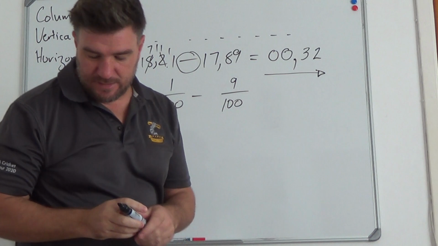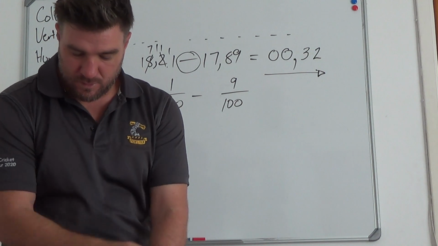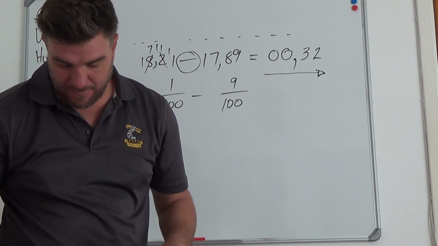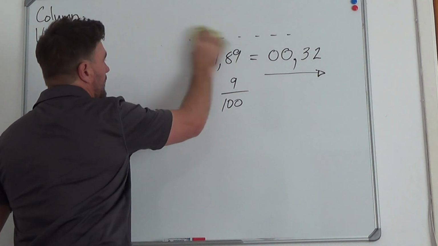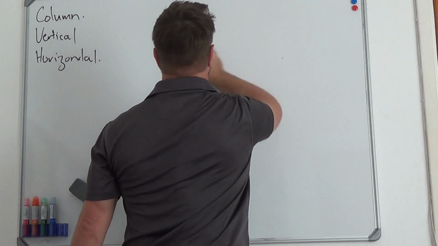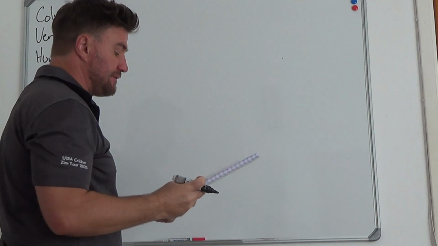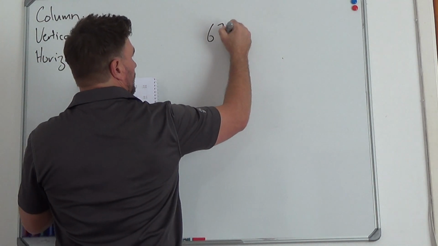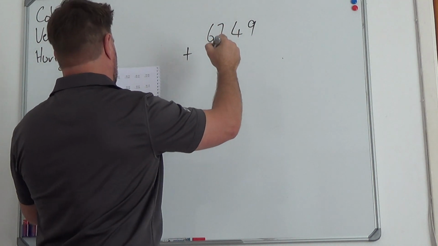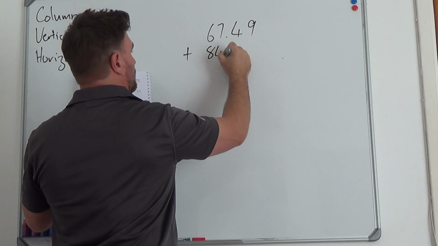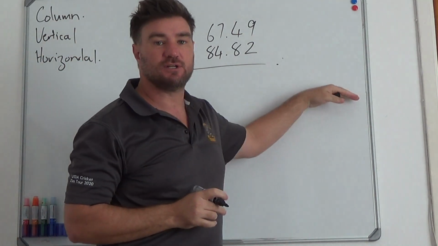Okay, let's move on. I will do an example from page 96, the one that says 67.49 plus 84.82. Now you can see we're not going horizontally anymore.